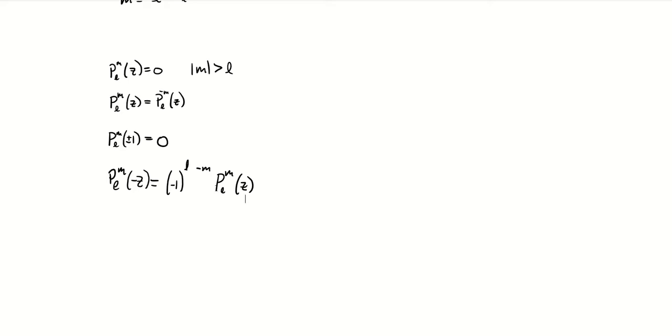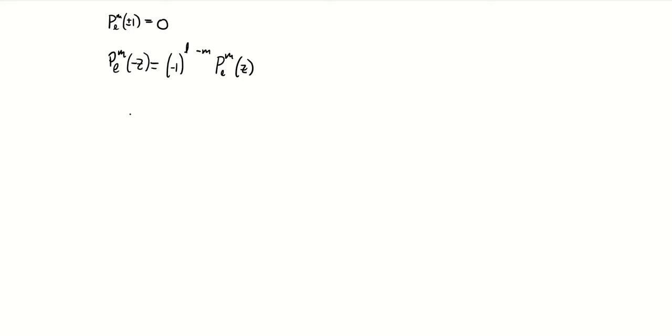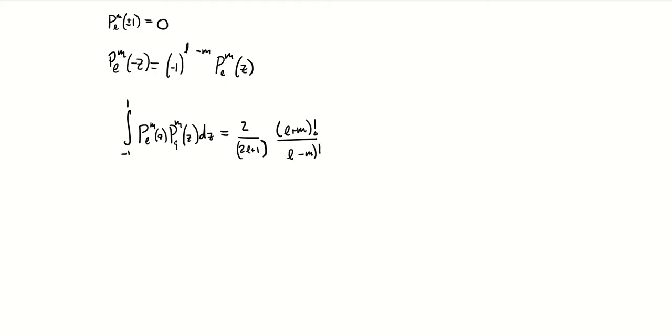And lastly, if we integrate these from negative 1 to 1, P_L^m(z) times P_Q^m(z) dz, this is equal to, it doesn't equal 1, it equals 2 over (2L plus 1) times (L plus m) factorial divided by (L minus m) factorial times the delta function of L and Q. So they are orthogonal unless L and Q match.